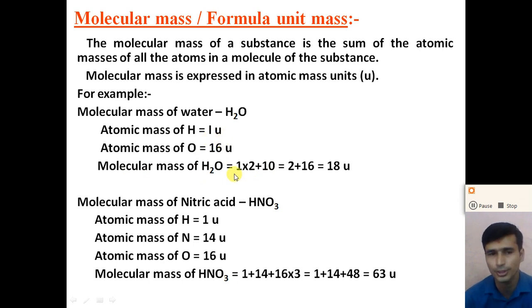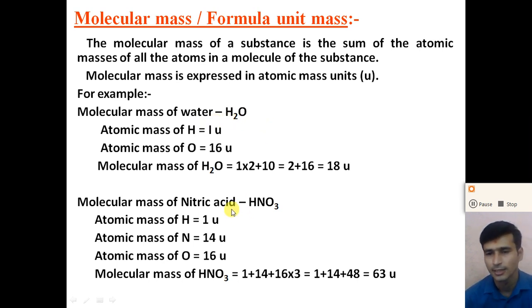So we get 2 into 1, which is 2, plus 16, sorry, the atomic mass of oxygen is 16. So 2 plus 16, we get the molecular mass of the water molecule is 18 AMU. So understand, dear student, how we can calculate the molecular mass of a substance, the molecular mass of water H2O.